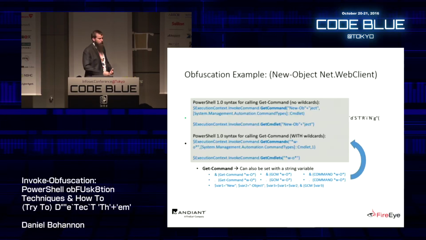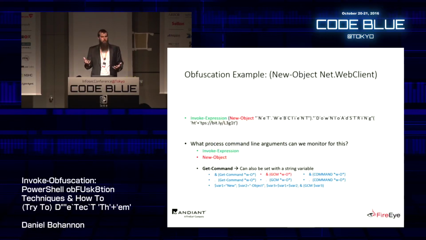There's also, with PowerShell 1.0 syntax, you can do the exact same thing with get command, get commands. And again, this will be in the published slides to go back and look at that. But again, we have to know our options. There are so many ways to do this in PowerShell, which is sitting on top of .NET. So many options. So let's go with this one.